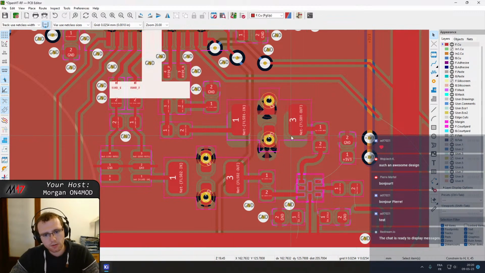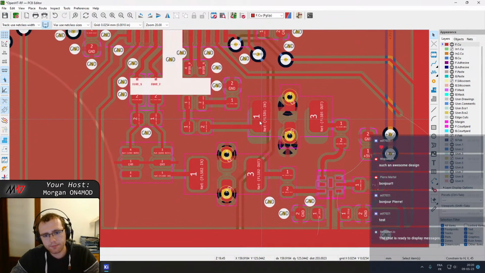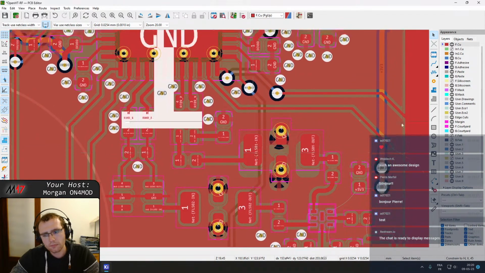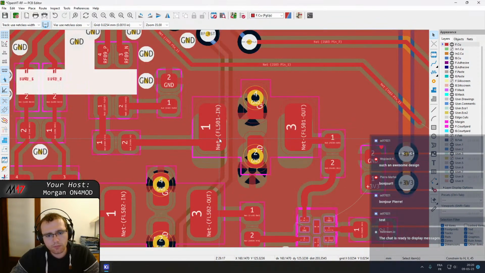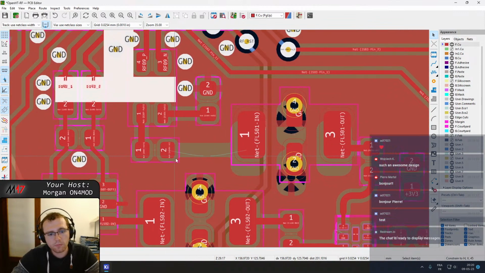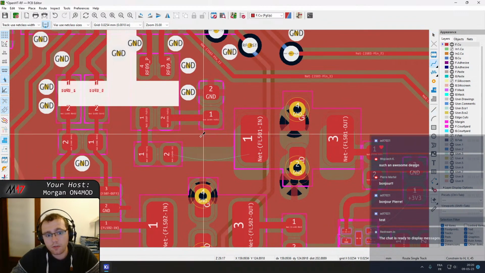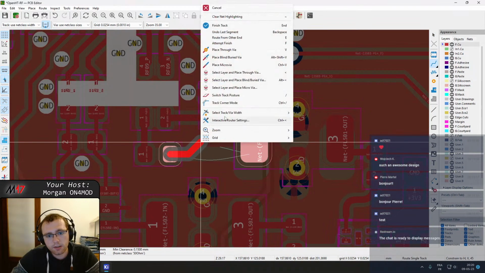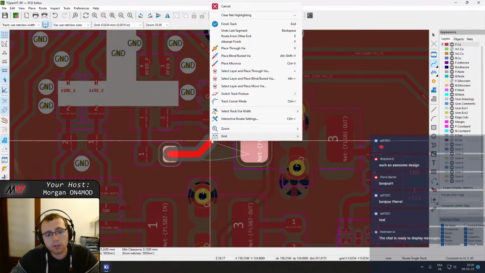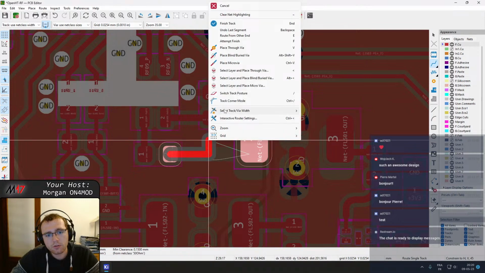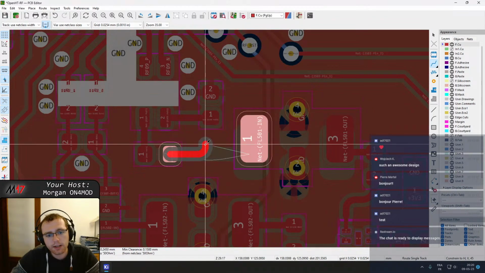Yeah, but not by too much either. And for the RF signals, I'm going to do rounded tracks. Yeah, like this.